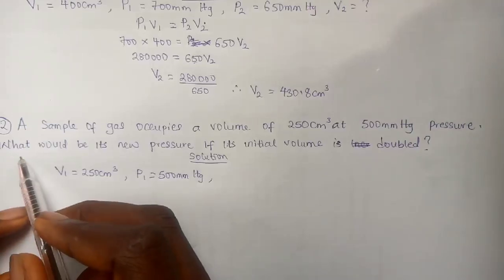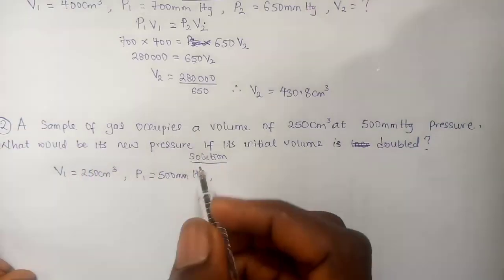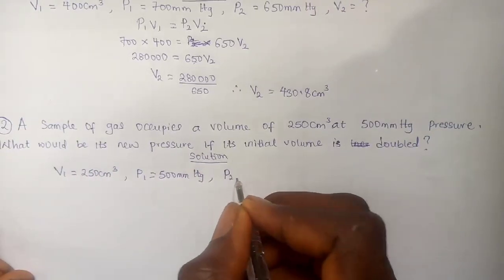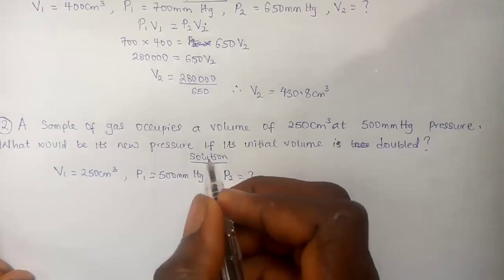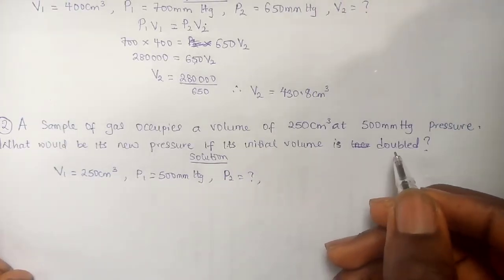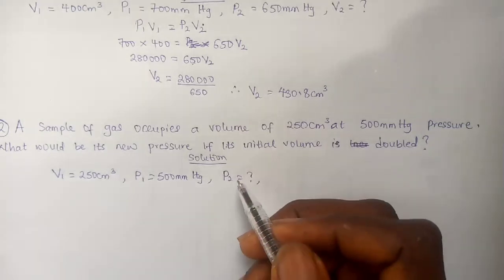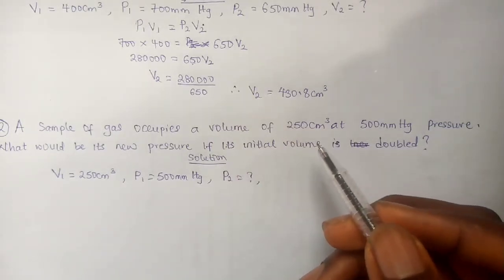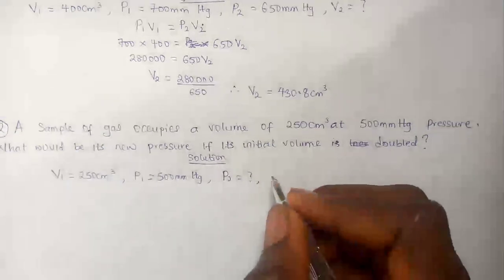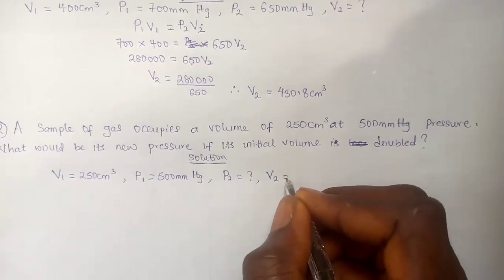And it asks what would be its new pressure. So P2 is unknown if its initial volume is doubled. We're told to calculate the new pressure if the initial volume is doubled. That means V2 should be equal to 2 times V1.